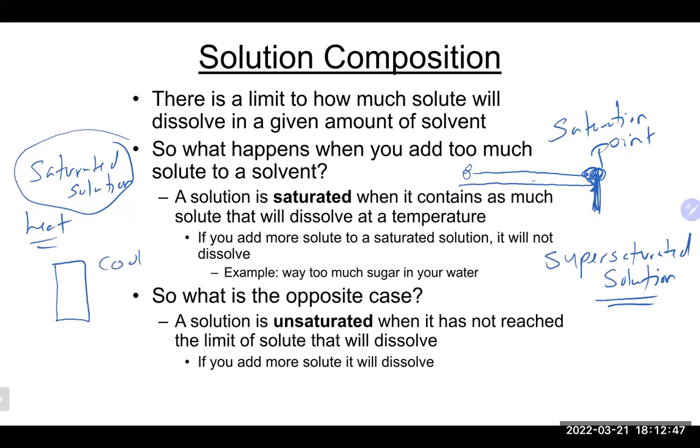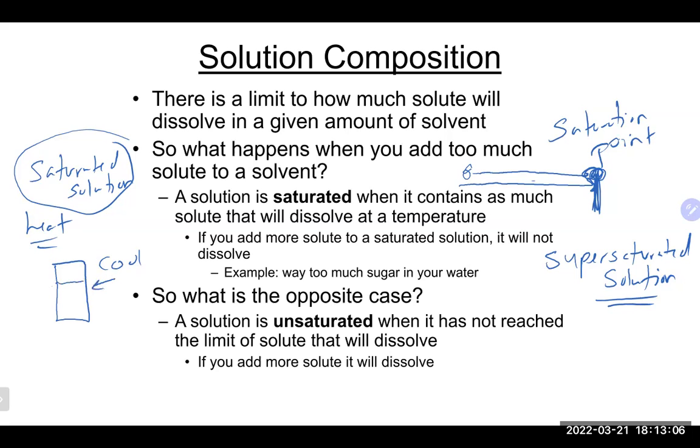So what happens in this case, at the higher temperature, we could get all this stuff to dissolve in it. And then as it starts to cool back down, it's going to go, wow, I've got way too much dissolved in me now. It's actually still going to be a solution at this point, but it's going to be a very unstable solution.